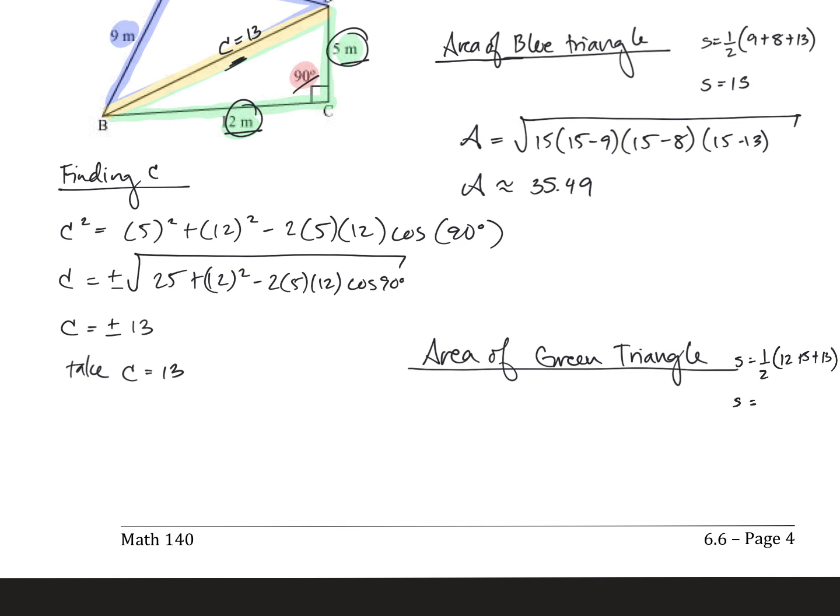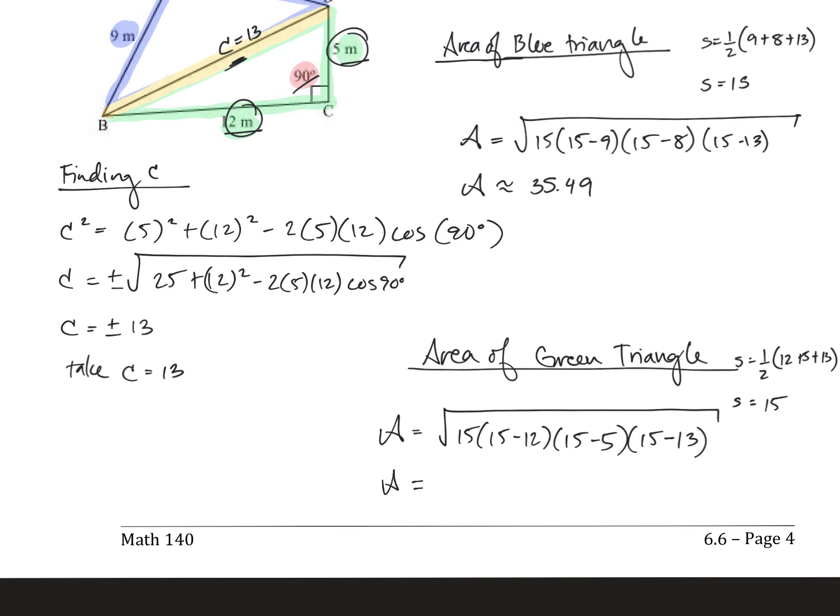So S is going to be the same thing, 15, which means our calculation will pretty much come out to the same number. So that'll be the square root of 15 times 15 minus 12, 15 minus 5, and then 15 minus 13. And we get the exact answer of 30. So we have the two areas, area of blue and area of green.